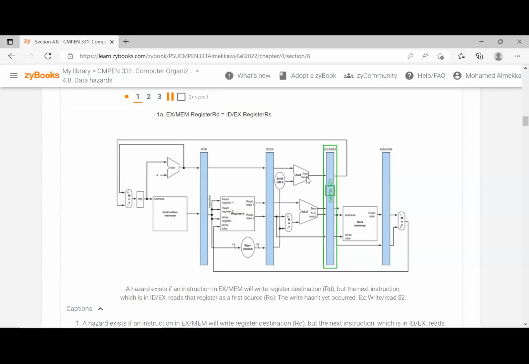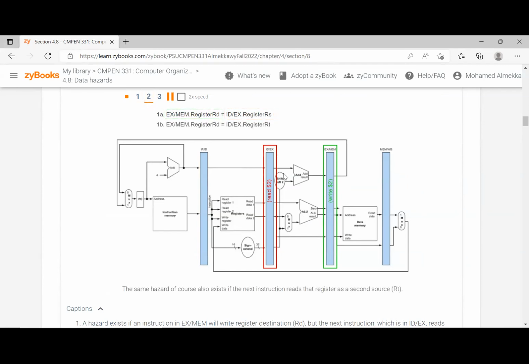Look at these, guys. Here again, I'm doing the same thing, assuming that I would like to write register number 2 and here read register number 2. So I'm checking if this is equal to that or not. So I'm checking the output register of the ALU with the input of the ALU. If this is the case, or if RT is the same, then there is a problem, there is a hazard, and of course I need to forward the data from the output of the ALU to the input of the ALU.